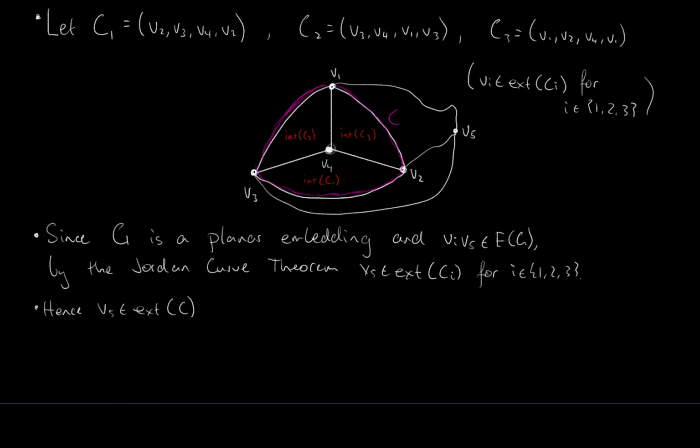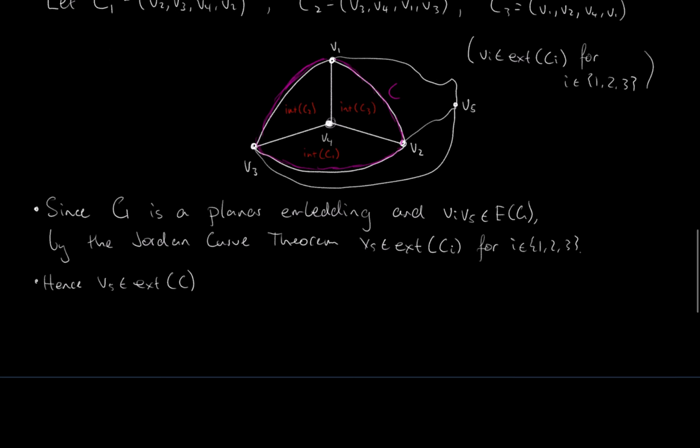Even when you connect V1 to V5, V2 to V5, and V3 to V5. But it remains to connect one more pair of vertices, namely the vertices V4 and V5. Because of our construction, we've forced V4 to have to edge cross to get to V5.